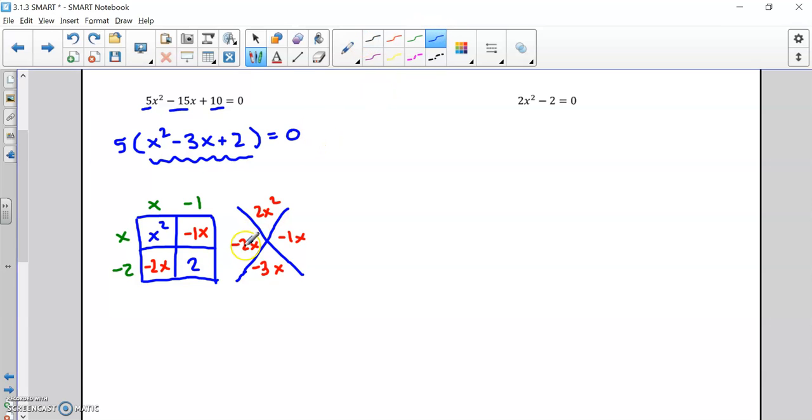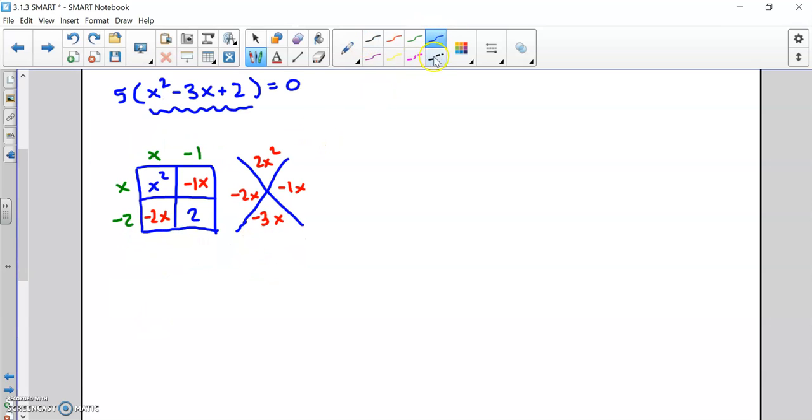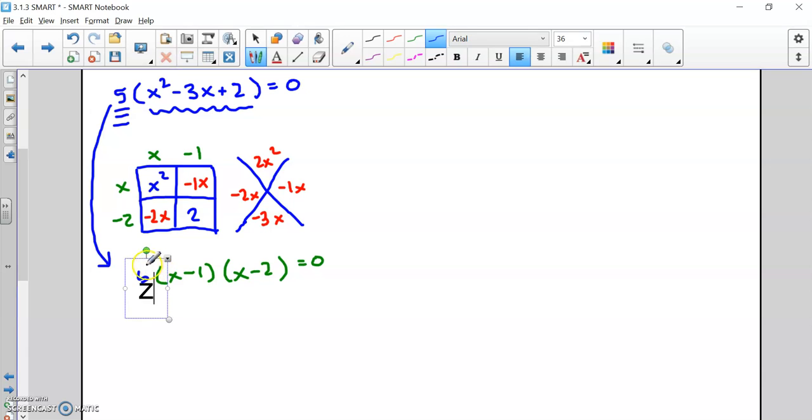And now, here's the deal. Traditionally, you probably would just take the outside of the box and say, okay, well, here's my factored form. However, do not forget that we factored out a 5 in the very beginning. So do not forget that we have to put that back in.